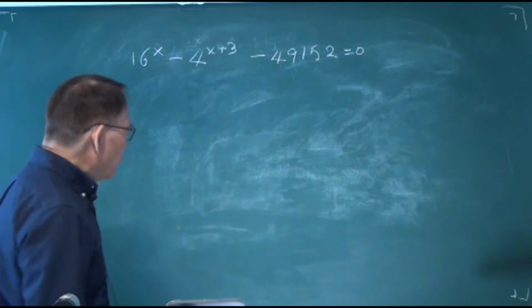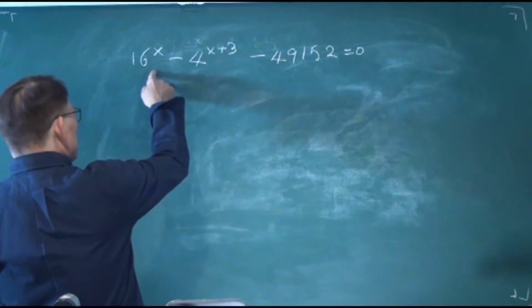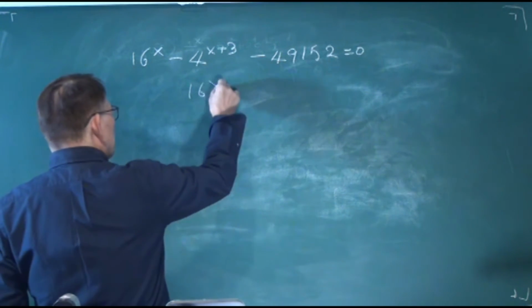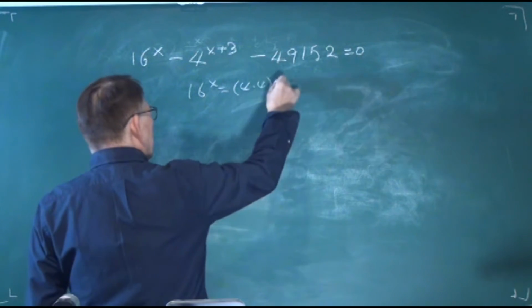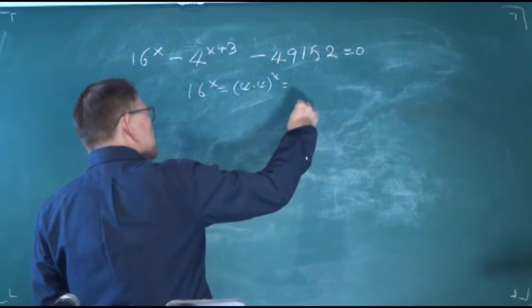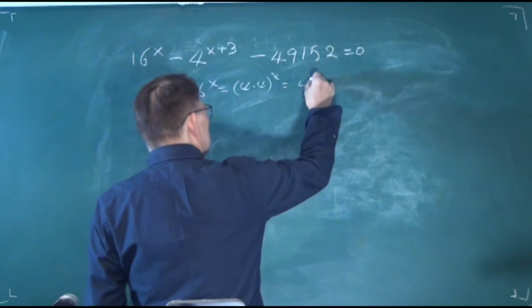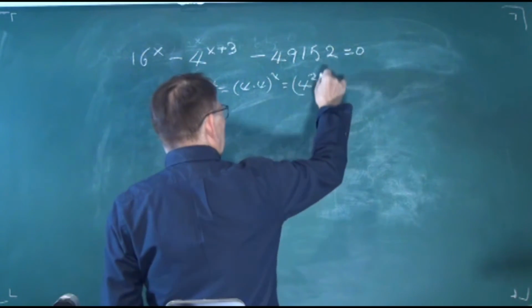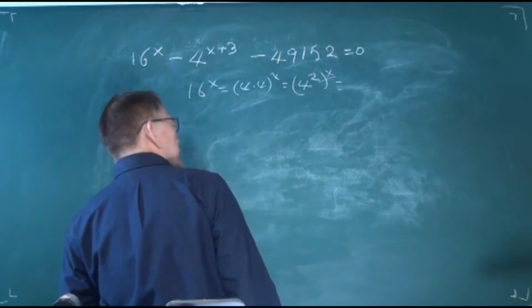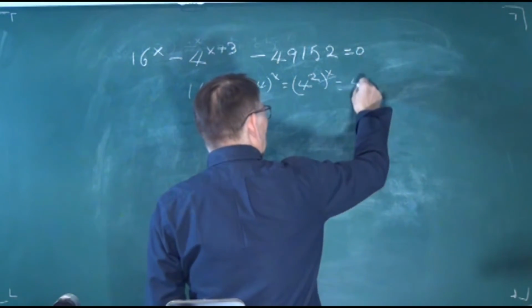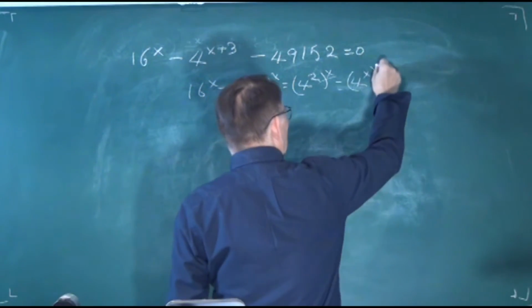So we just rewrite this. 16 to the x is the same as 4 times 4, to the x power, which is 4 squared to the x. And according to the commutative property, we can switch it around to 4 to the x to the second power.